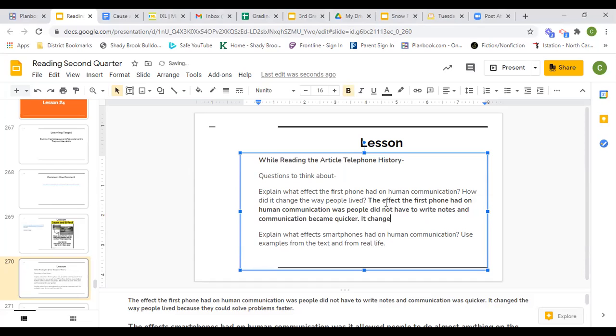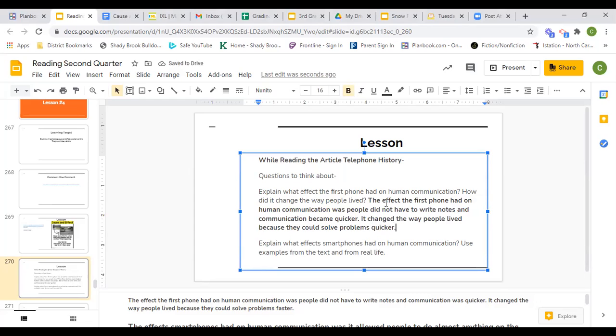It changed the way people lived because they could solve problems quicker. Because in the article, it said, this kind of communication took a long time to get answers and to solve problems. So communication was slower.